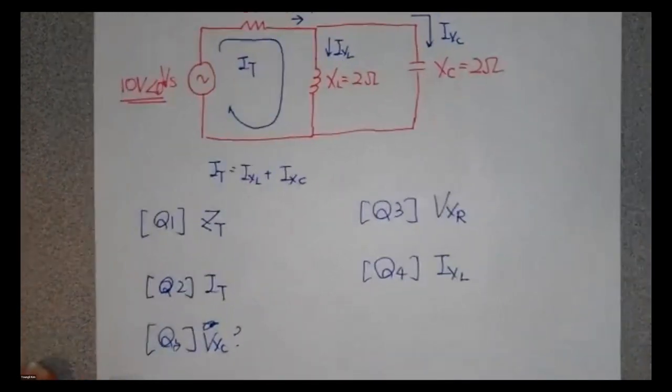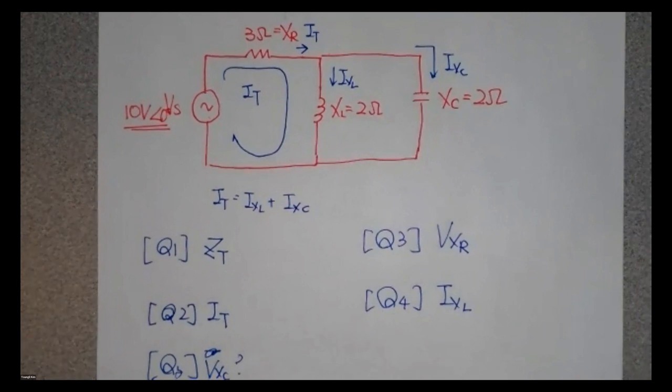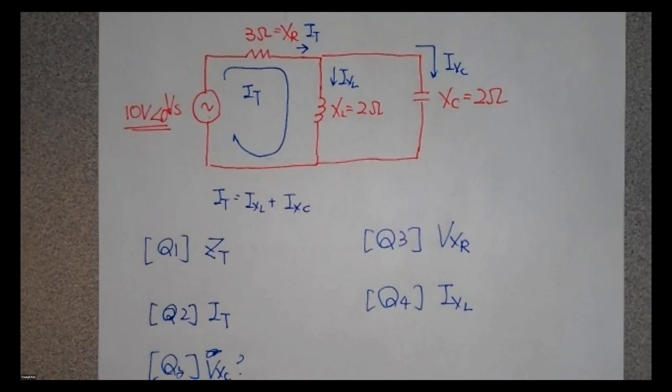All right. Whenever you see the hybrid circuit in your quiz or your exam, step one, you have to find the G sub T. The G sub T is the total impedance.